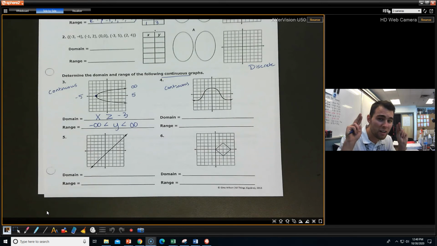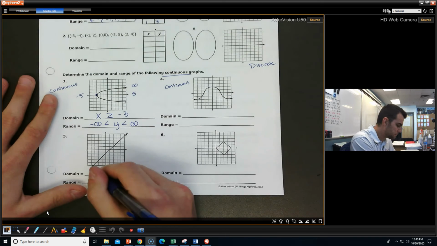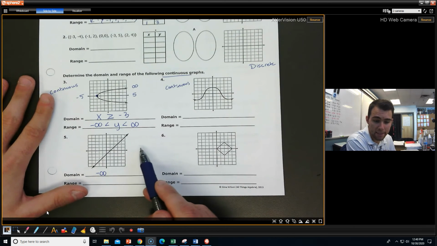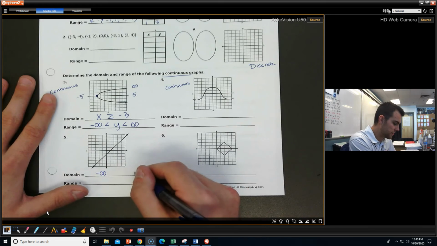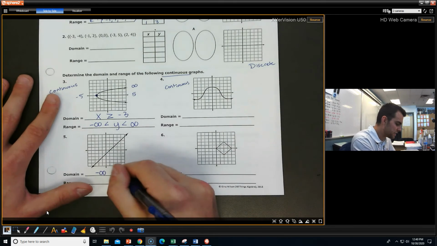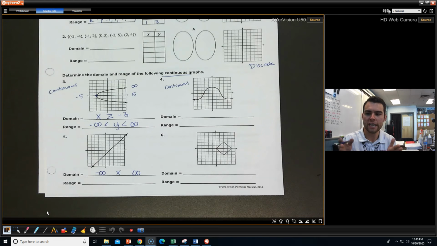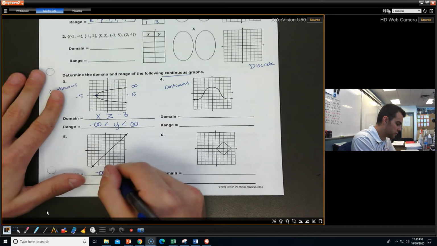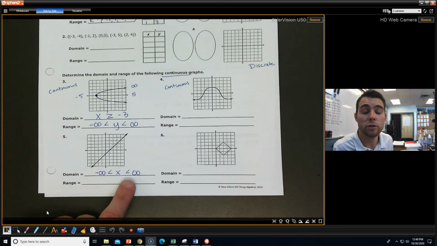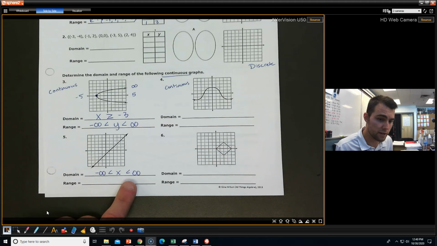So my smallest is technically negative infinity. My greatest, if I keep going this way, it'll never stop. So it's going to be going infinity in that direction. And my x, my domain values, are sandwiched in between negative infinity and infinity. So just like I did up here, I'm going to do it like this. That x is greater than negative infinity. It is also less than positive infinity.